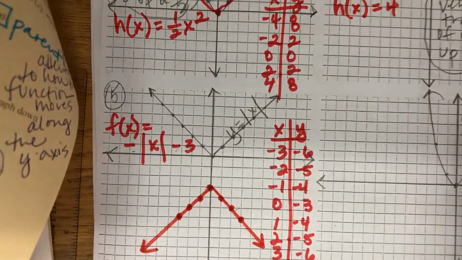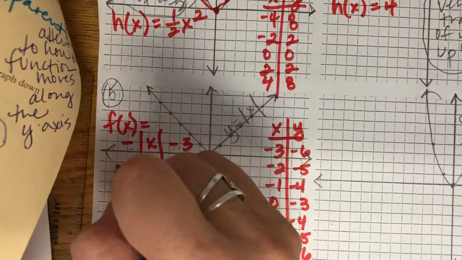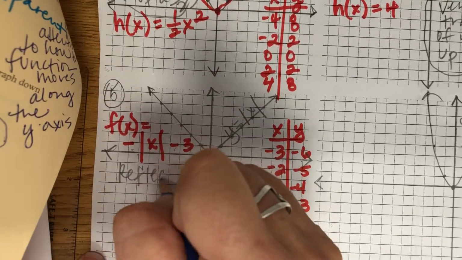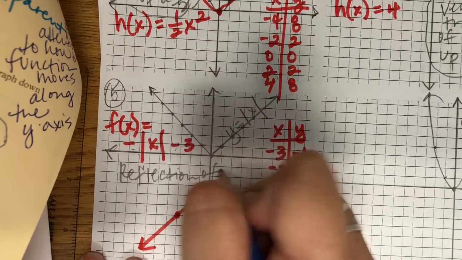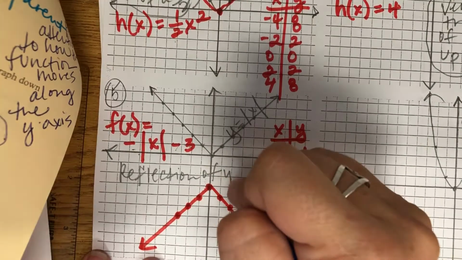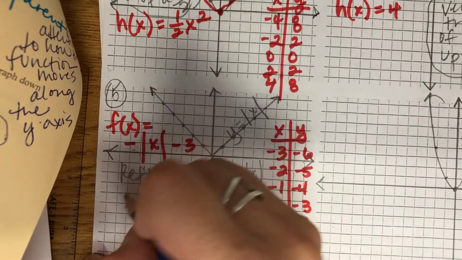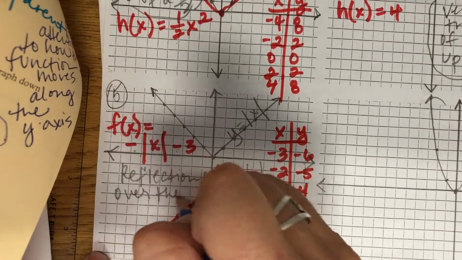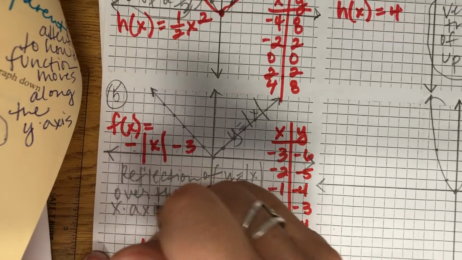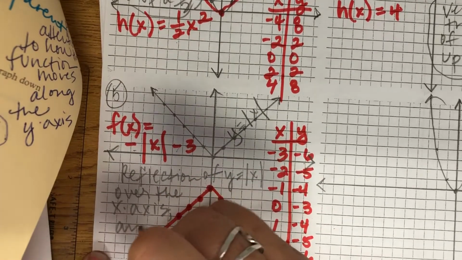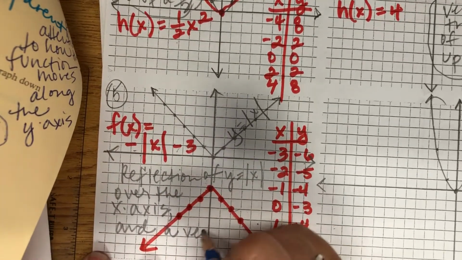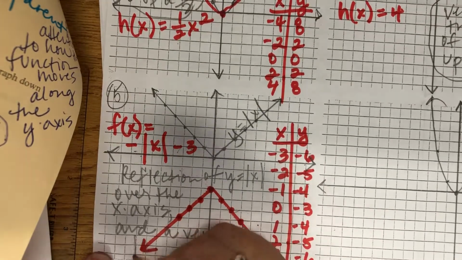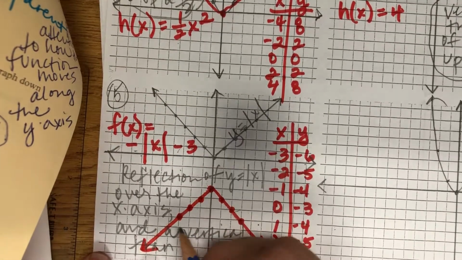Making sure that I'm addressing this is a reflection of y equals the absolute value of x over the x-axis. That's because of the negative. And a vertical translation down, oh, I'm sorry, down 3.